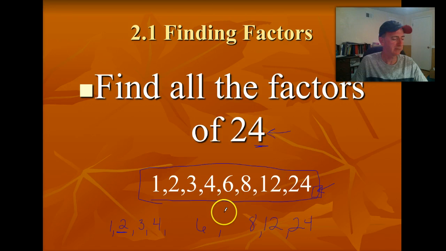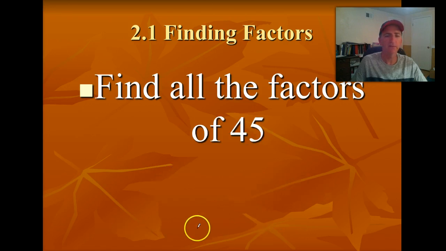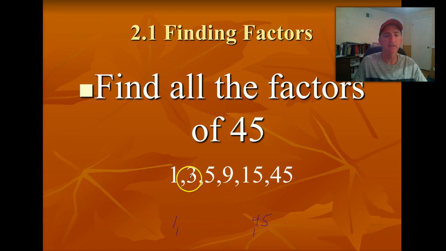Let's look at another example here of 45. If we did the same thing, I would say 1 and 45. They're my bookends, right? 1 and 45. And then I just continue counting up. Well, how about 3? 3 will go into it, and then so will a couple other numbers, 5, 9, and 15.